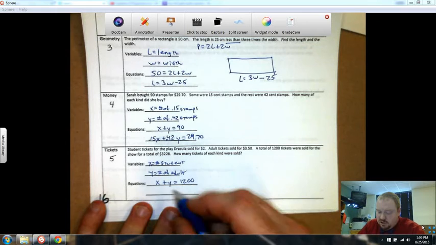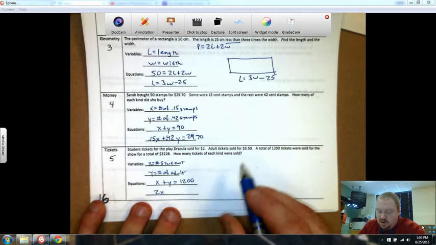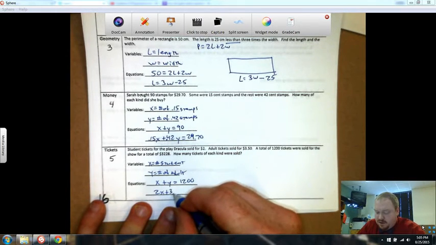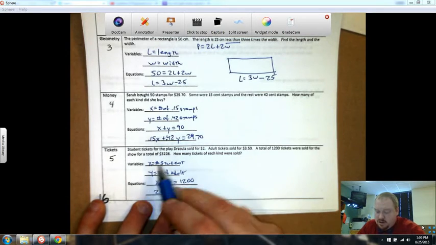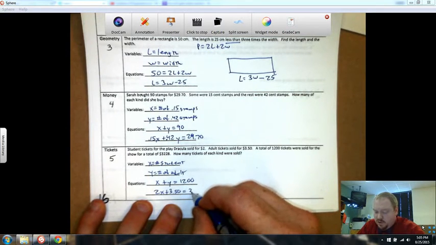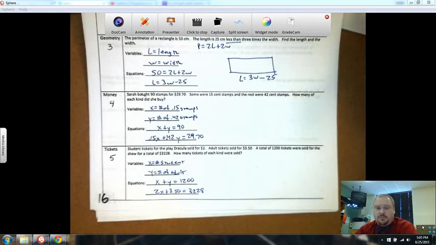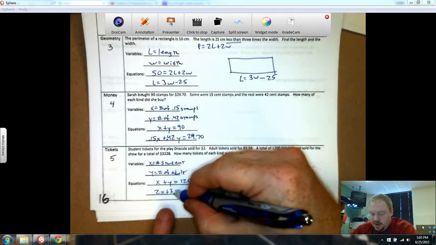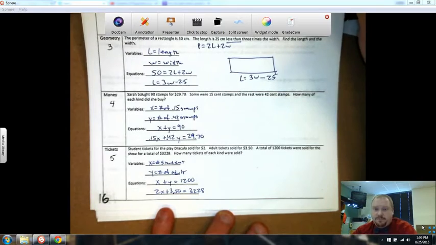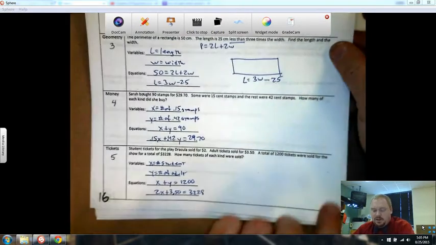Students, $2. Price of adults, $3.50. Total income, $3,228. Relatively straightforward. Okay, very common. Okay, turn the page.